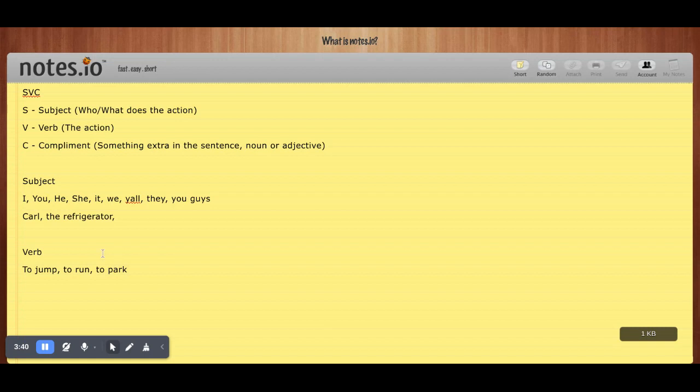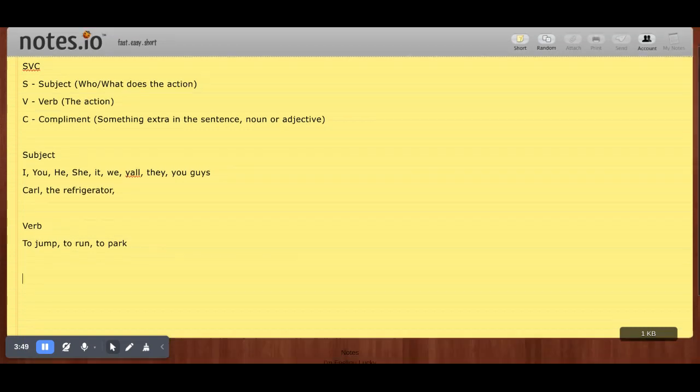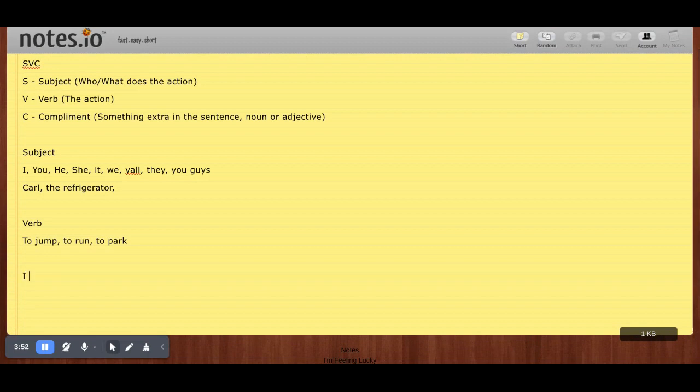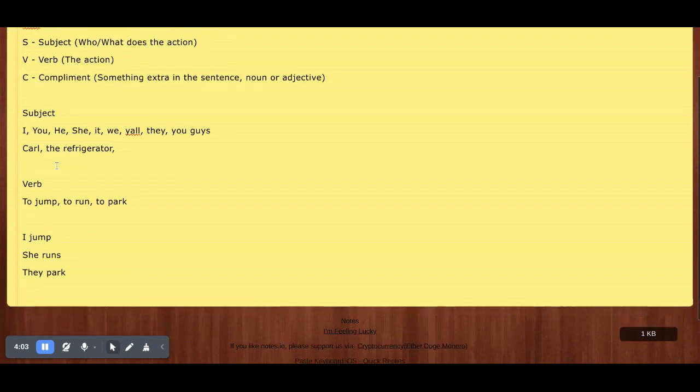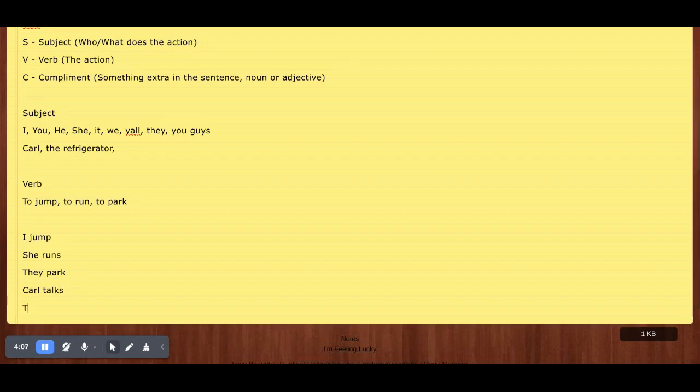And so what happens is, at least when we're doing English, the subject is going to then come in front of the verb. So, for example, if I said, I jump, or if I said, she runs, or they park. Or if we're taking these two subjects right here, we could say Carl talks, or the refrigerator cools.